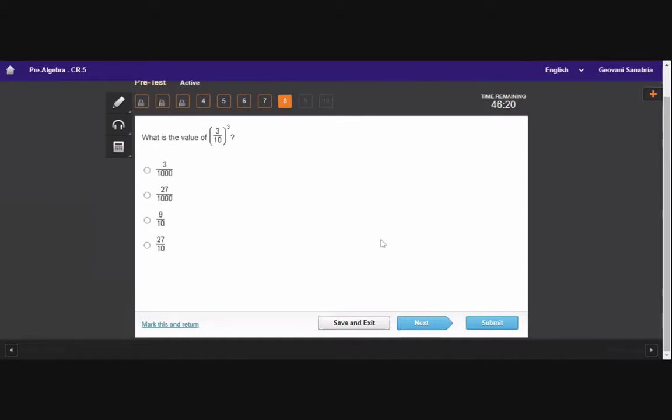All right, this is the fraction one. So this is going to be one of those. Try what you think. So I got 27 over 1,000.